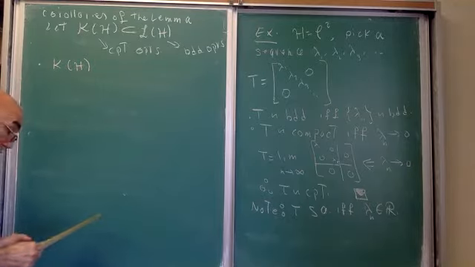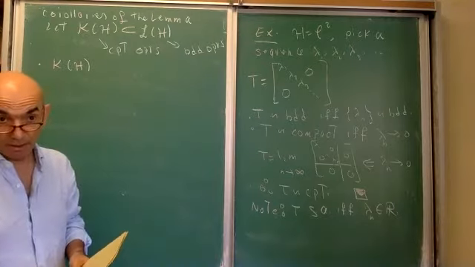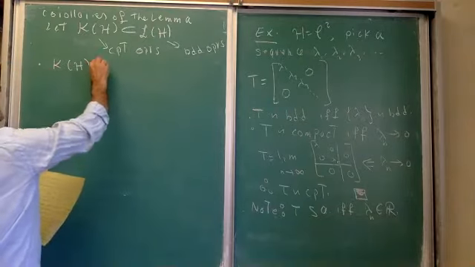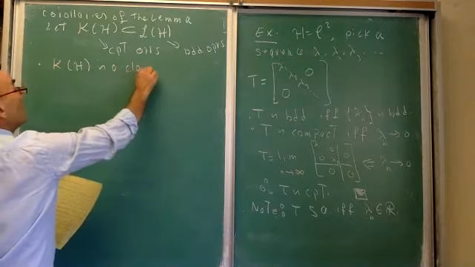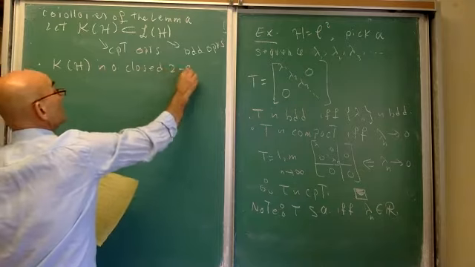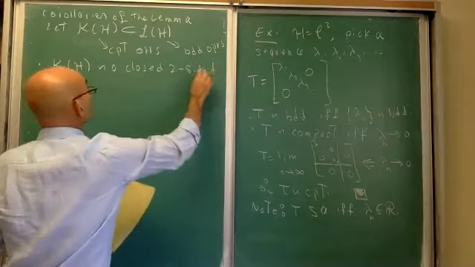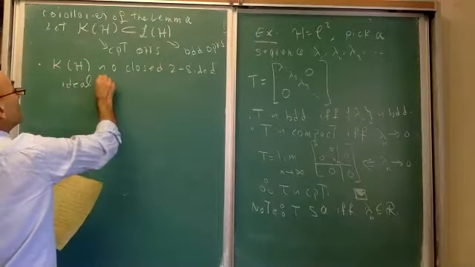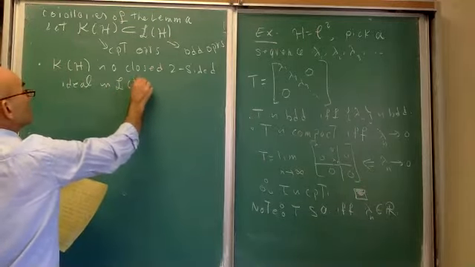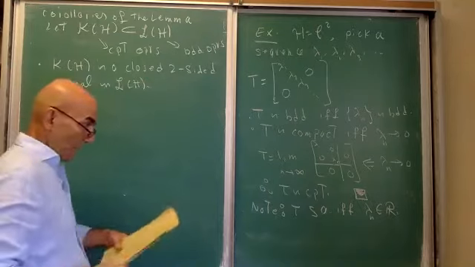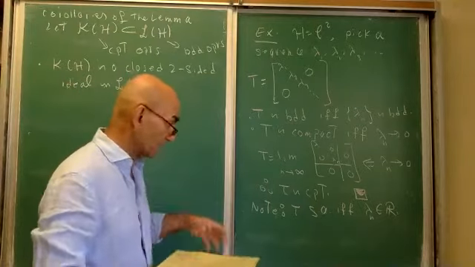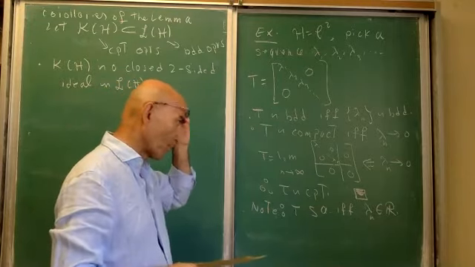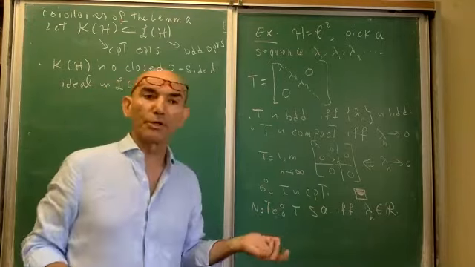Some of the corollaries of this lemma are, first of all, that K of H is actually a closed two-sided ideal in L of H. We noticed in the last lecture, and it's quite immediate, in fact, that finite rank operators form a two-sided ideal.